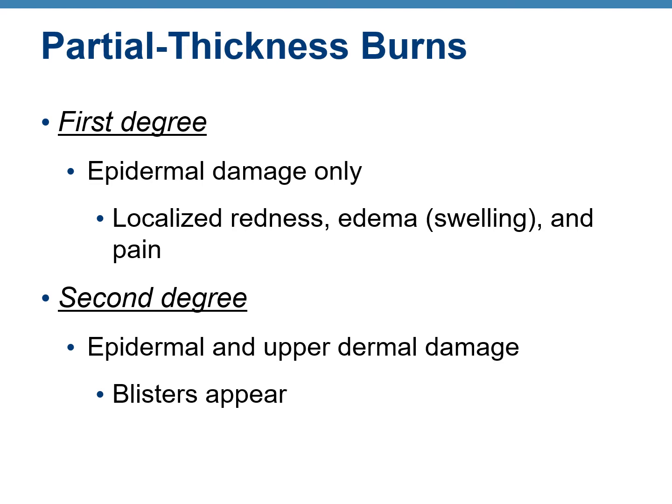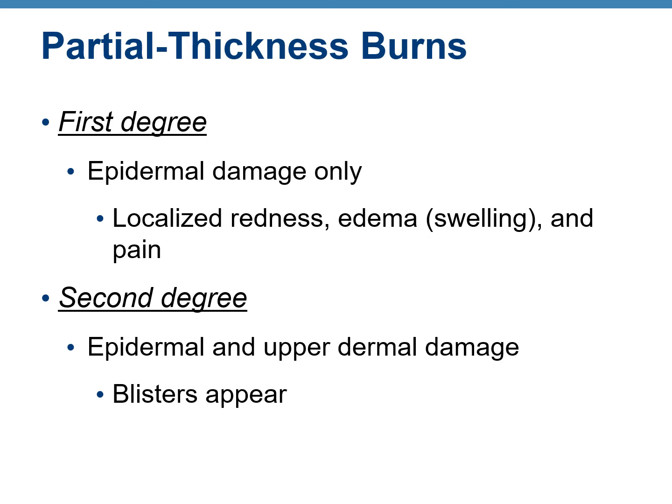So we have partial thickness burns, and it includes first degree and second degree. First degree includes only epidermal damage, and it's characterized by redness, edema or swelling, and pain. Second degree involves epidermis and upper dermal damage.